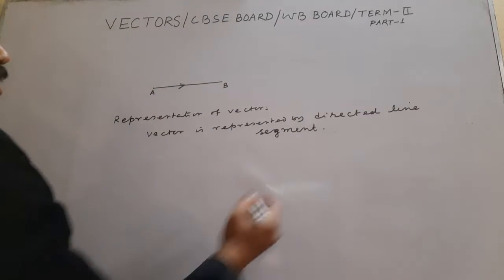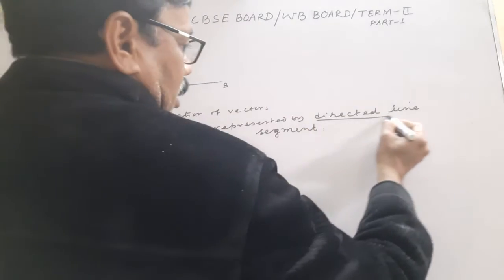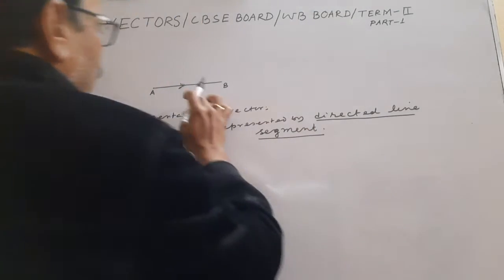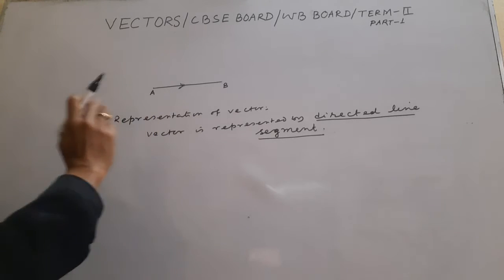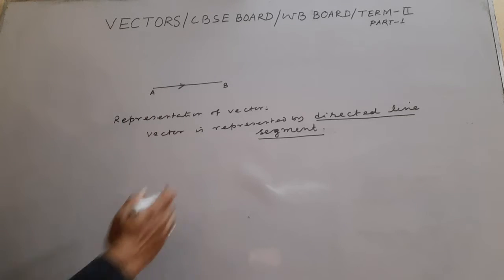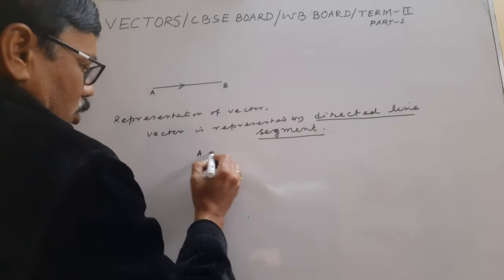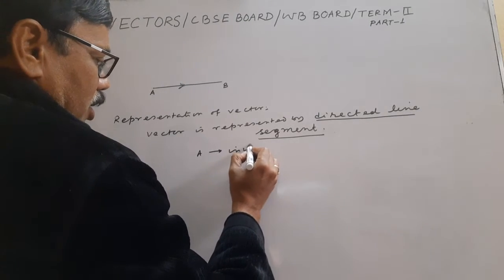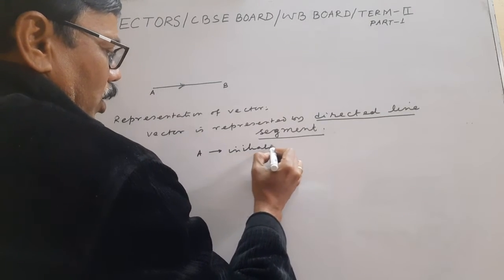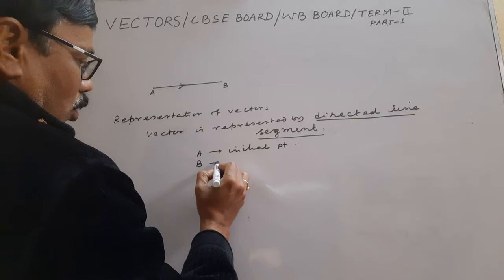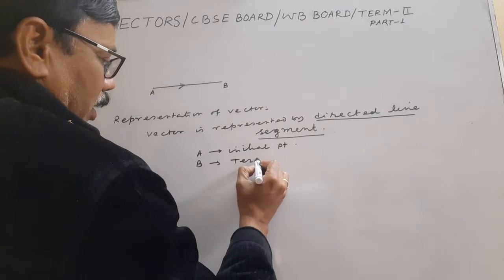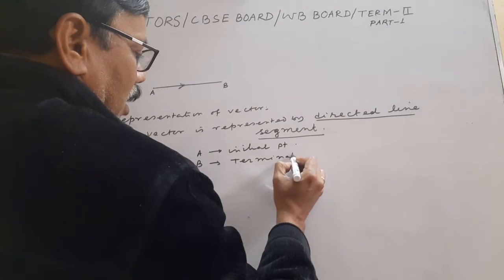So this is the representation of a vector. The point A is called the initial point, and B is called the terminal point.